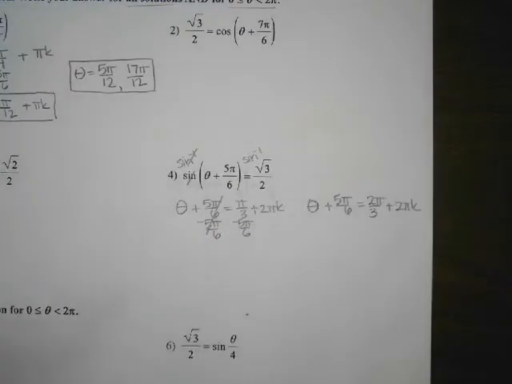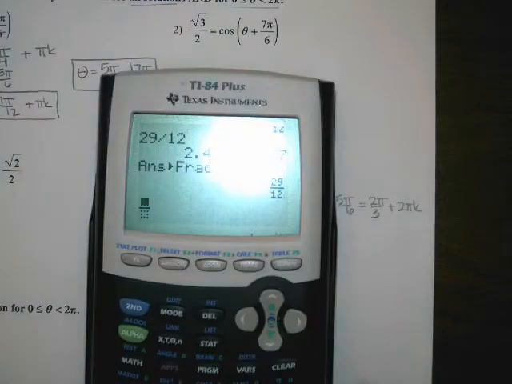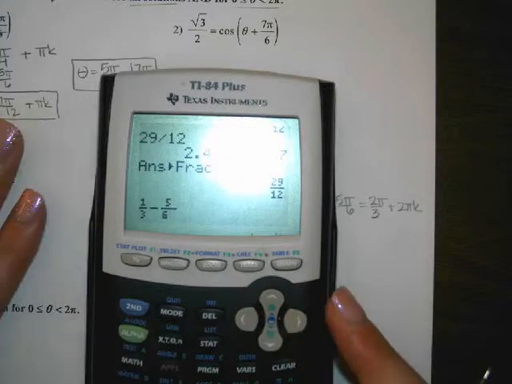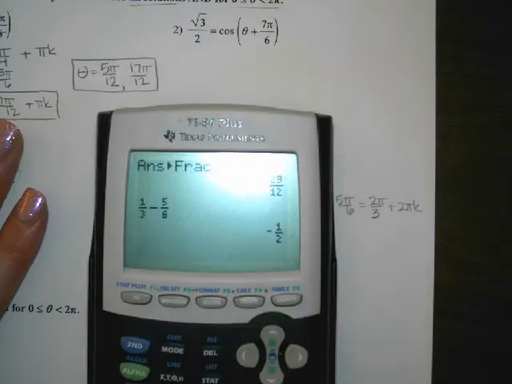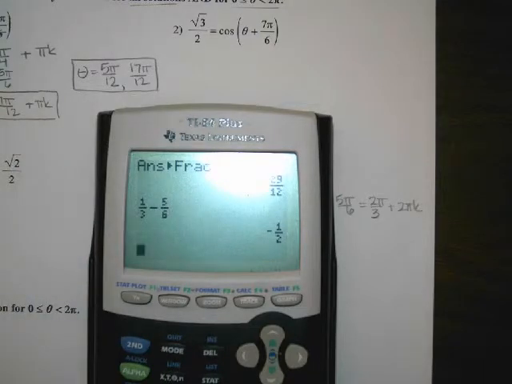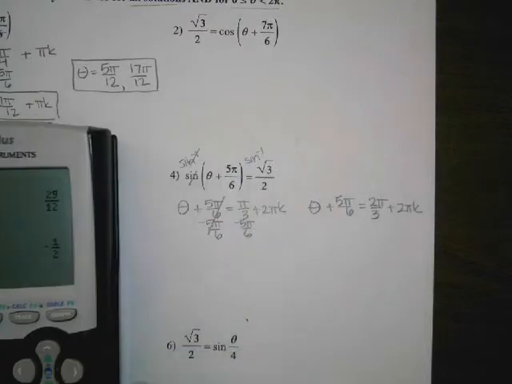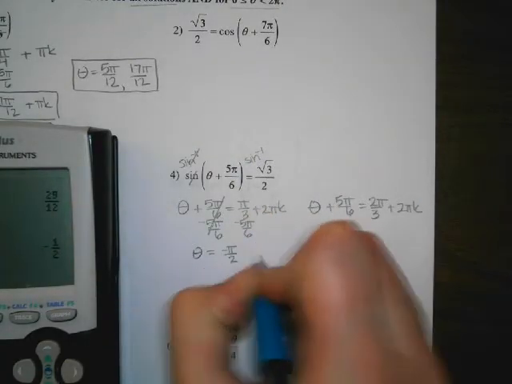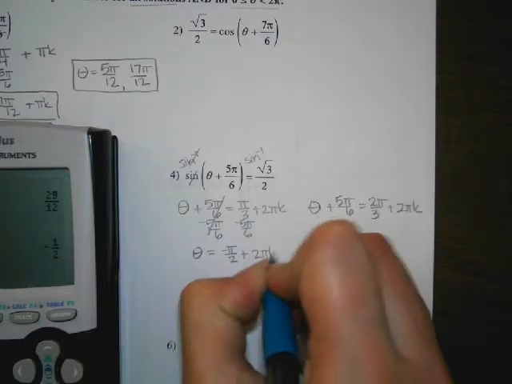So I'm going to go ahead and do 1/3 minus 5/6. So you can see if I type it like this, then it gives my answer in the fraction form. If I don't type it like that, then I have to convert my answer to a fraction. So this would be theta equals negative pi halves plus 2 pi k.